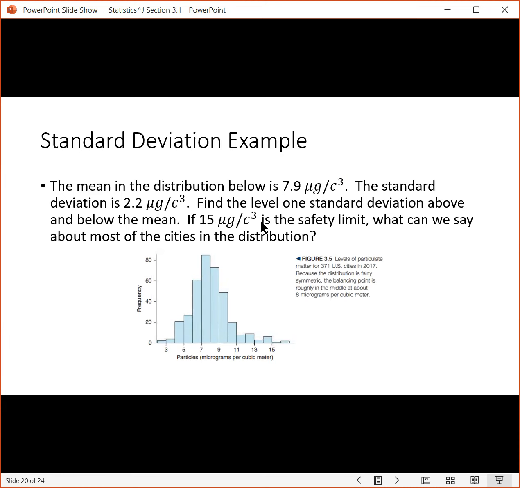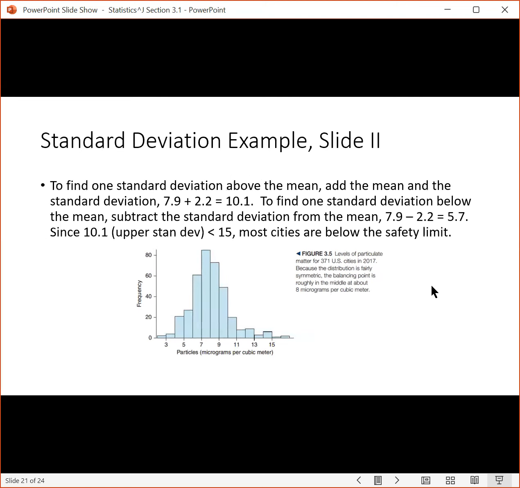Then we're told that 15 is the safety limit, so you want to be below 15. If you're above 15, then it's unsafe. What can we say about most of the cities in the distribution using our standard deviation result? To find 1 standard deviation above the mean, we take the mean and add the standard deviation: 7.9 plus 2.2 gets us 10.1.